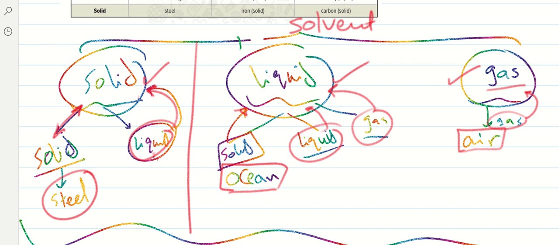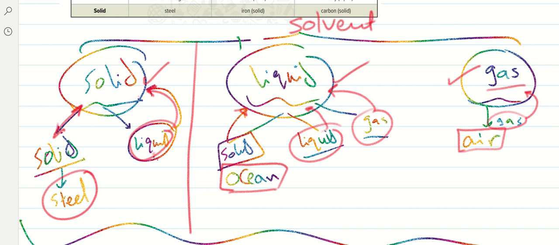Now, if liquid and liquid, oil and vinegar and water, we're going to say it is miscible. Water and vinegar, that is miscible. They are miscible together. But oil and water, no, they are immiscible.